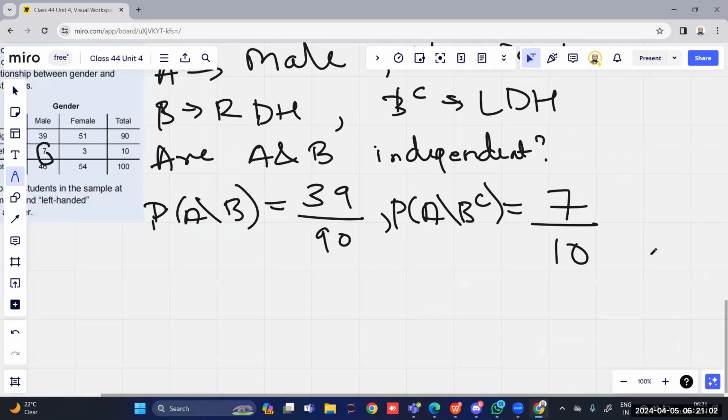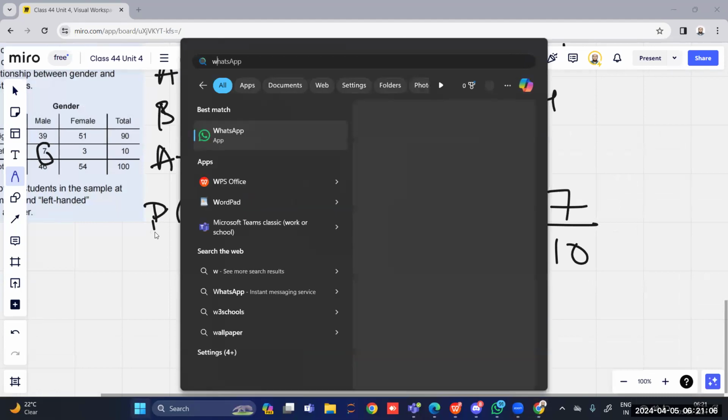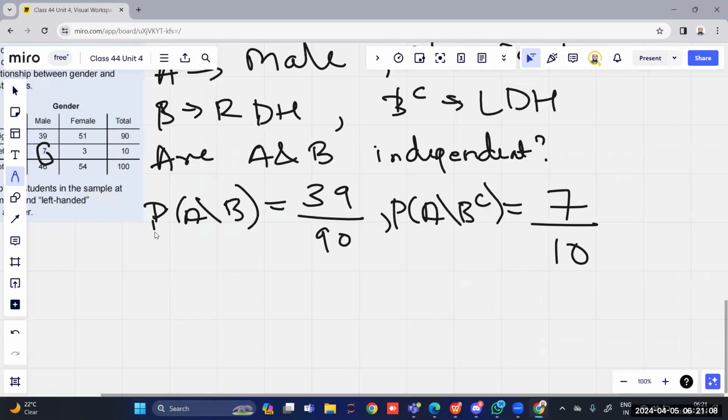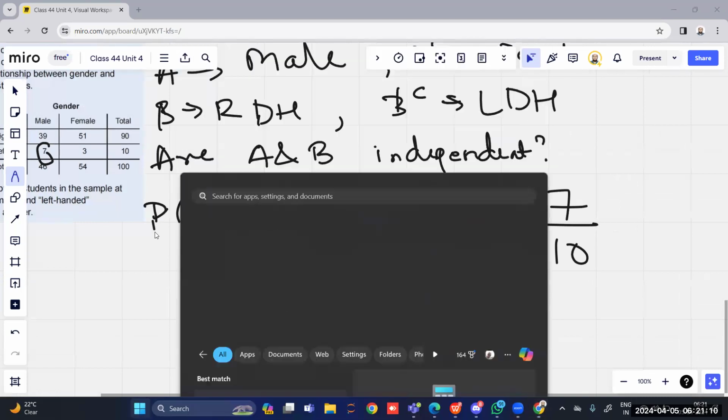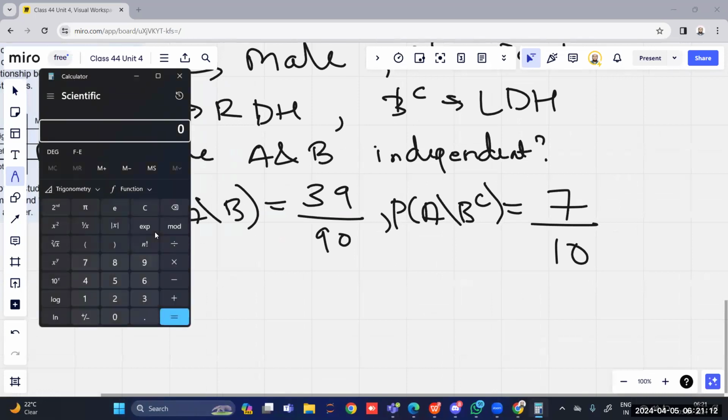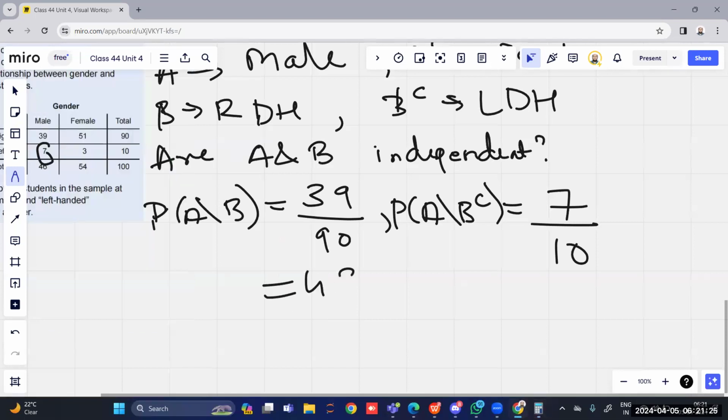If you calculate, 39 over 90 is 43%, and this is around 70%.